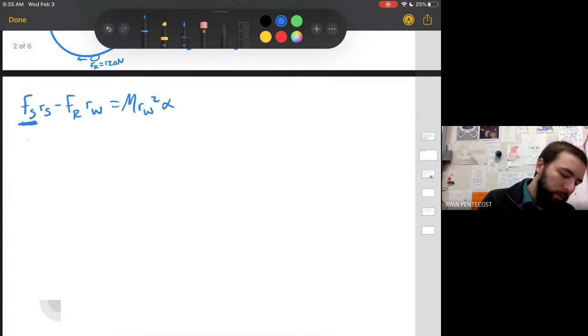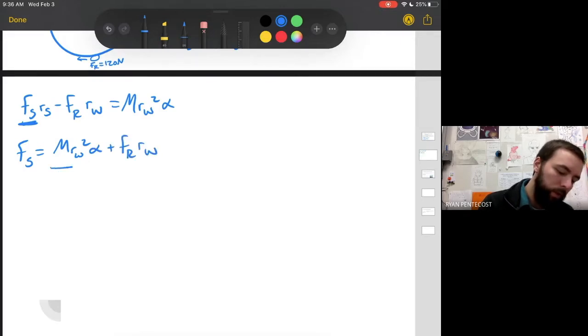So if we solve for the force of the sprocket, you have m r of the wheel squared alpha plus resistive force times radius of the wheel, all divided by the radius of the sprocket. And we have all of this, right? We've got 1.8. Radius of the wheel would be 0.32 meters. Okay, that's half of 64 centimeters.